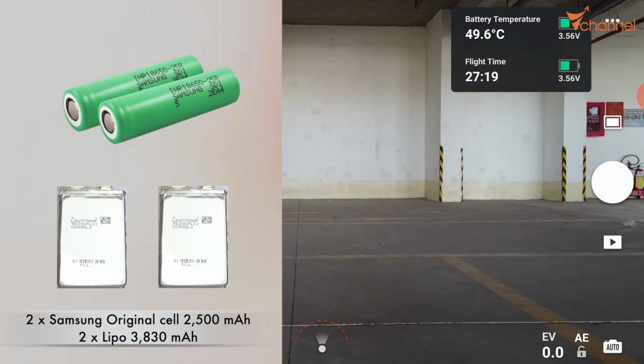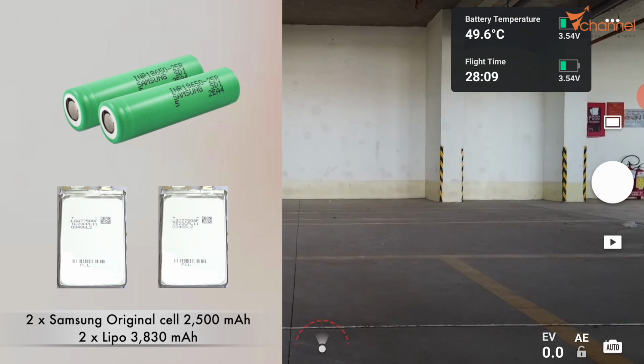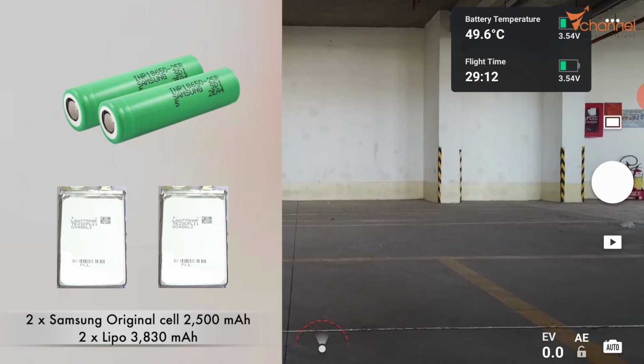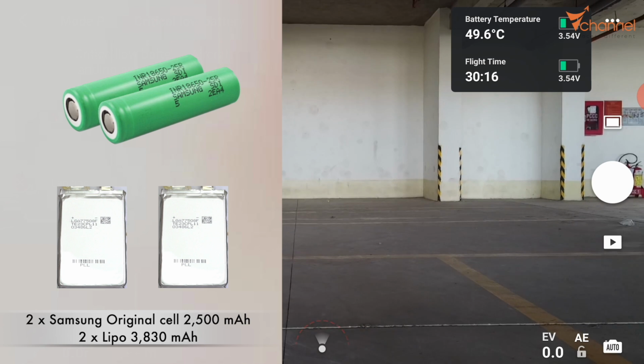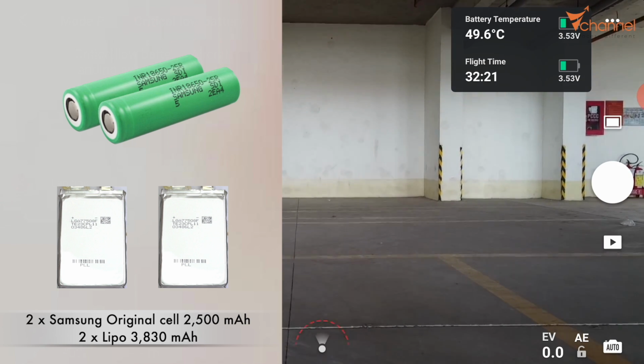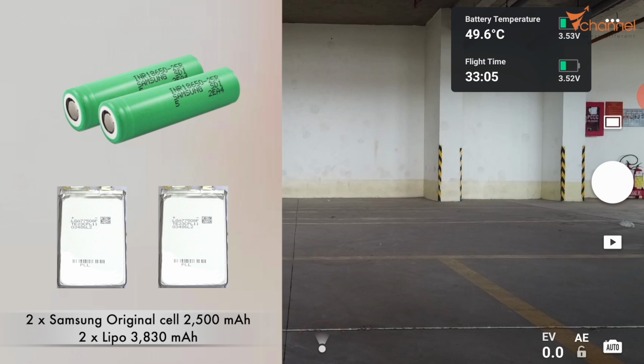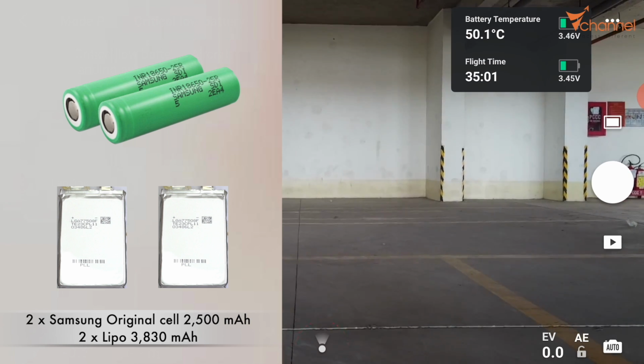We still have up to 3.56 volt remaining. Very good, so promising. 30 minutes, still 3.54 volt. Very high. 35 minutes.